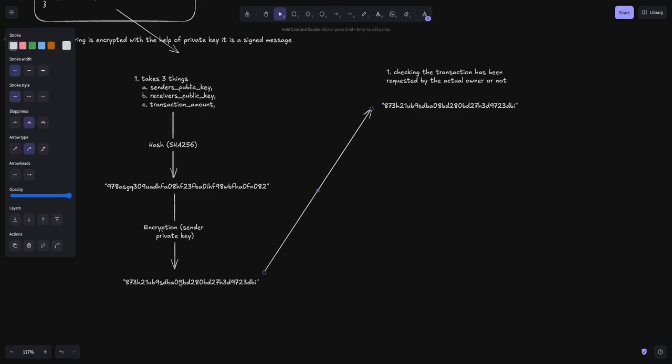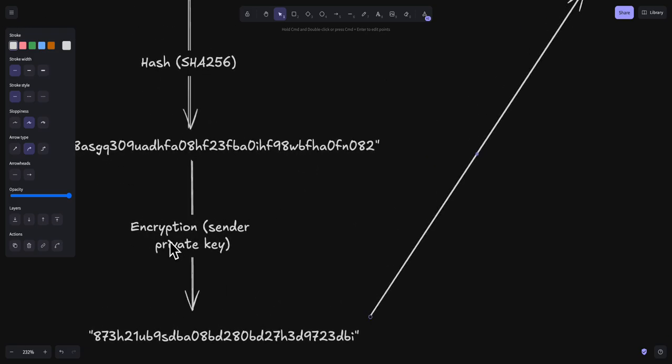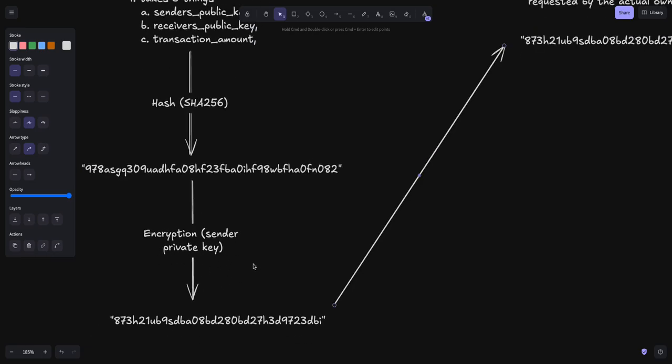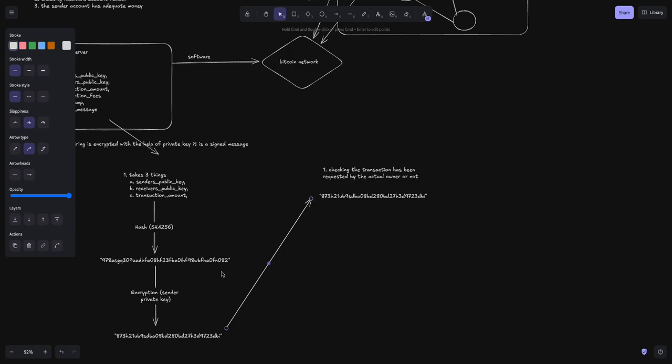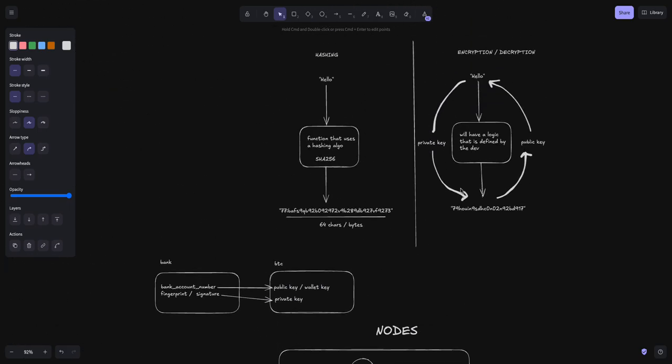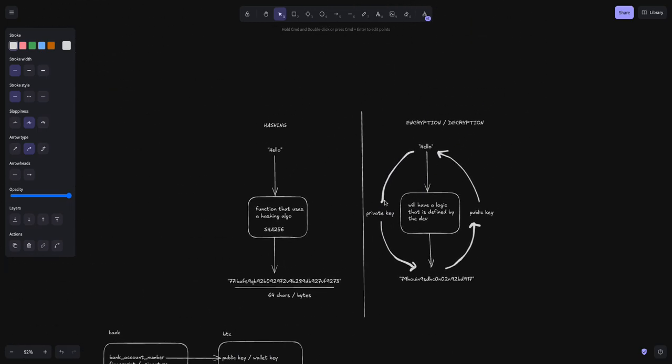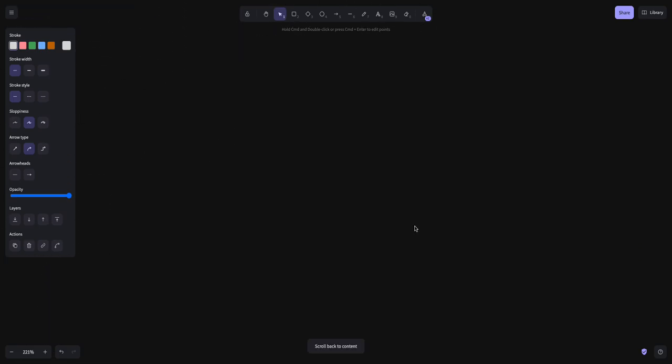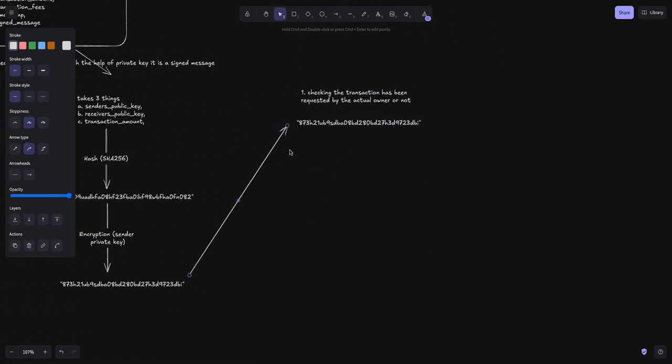He will check against the actual previous signature. But as I said, it was signed with the private key. Is the private key available to the internet? No. But there is a pair of this private key. If you remember, encryption is done with the private key, but decryption is done with the public key.